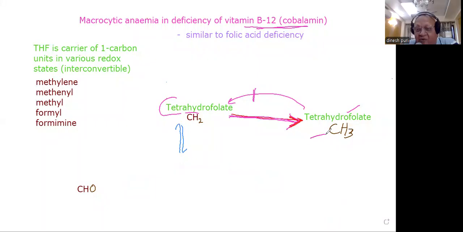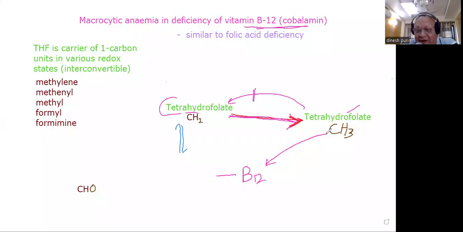Methyl tetrahydrofolate can transfer its methyl group only to B12. That's the only reaction by which it can get rid of its methyl group. And B12 later on transfers the methyl group to homocysteine to form methionine, but that is besides the point.